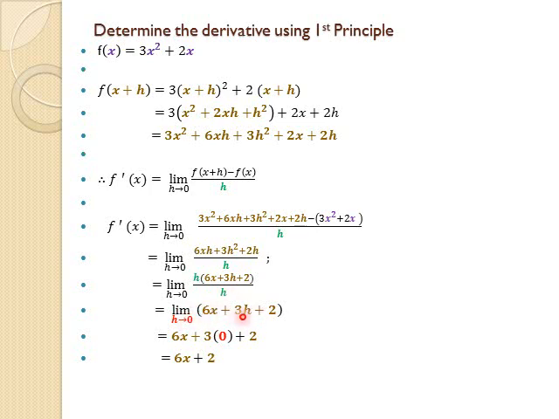So then I have 6x plus 3h plus 2. No more dividing by h, so I can't make the equation undefined. So once I substitute h tends to 0 in, 3 times 0, I drop the limit. So that becomes 6x plus 3 times 0 plus 2 gives 6x plus 2. So very important, you drop the limit only when I substitute in, and not on that side of the equal sign, on the right hand side.